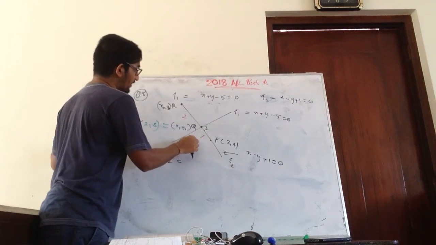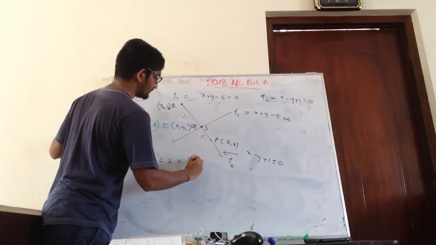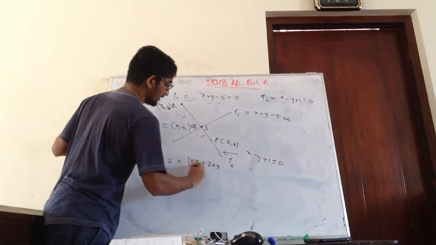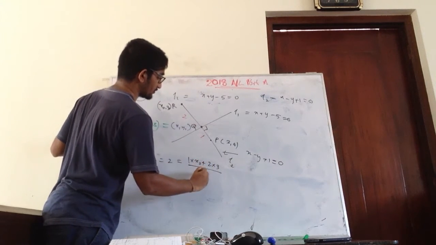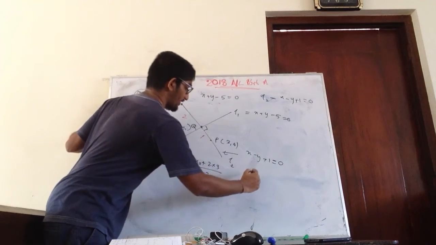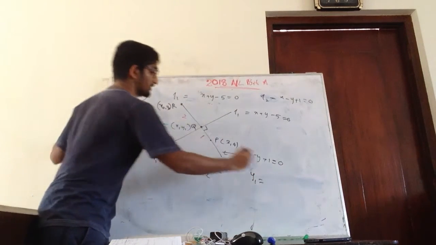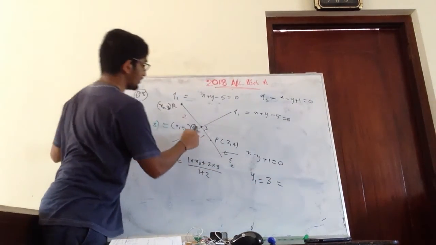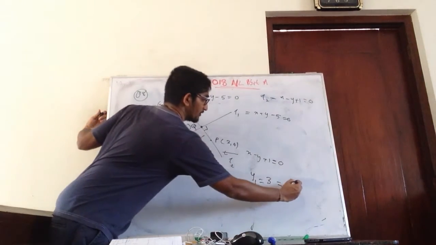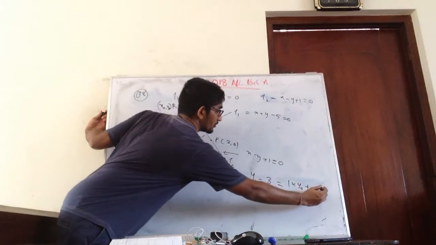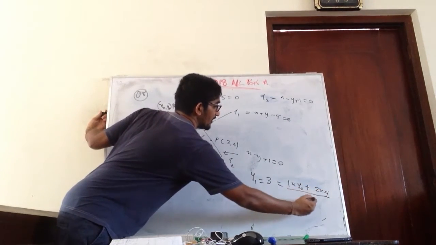It will be equal to 1 into x0 plus 2 into 3, divided by 1 plus 2. And then y1, or the value 3, will be equal to 1 into y0 plus 2 into 4, divided by 1 plus 2.